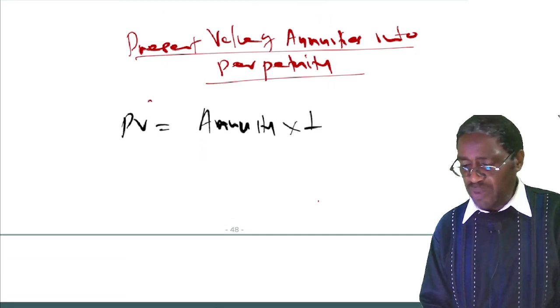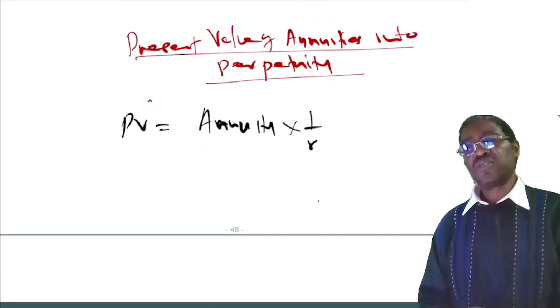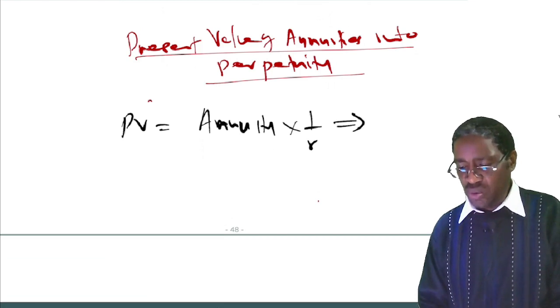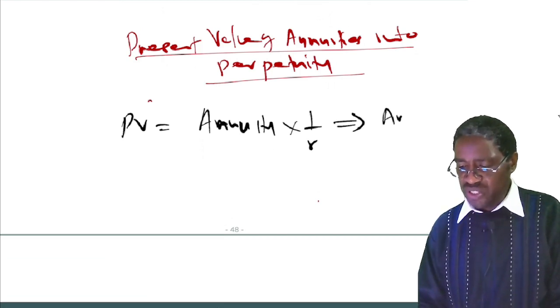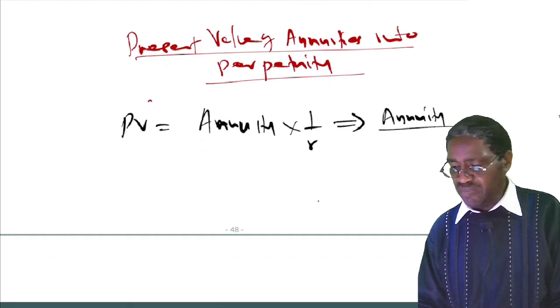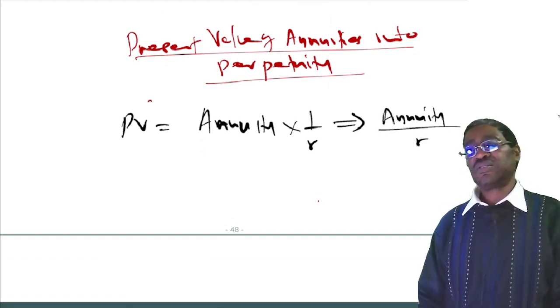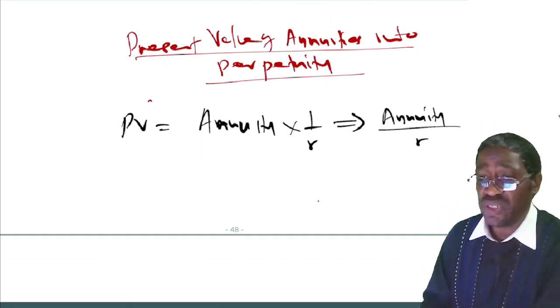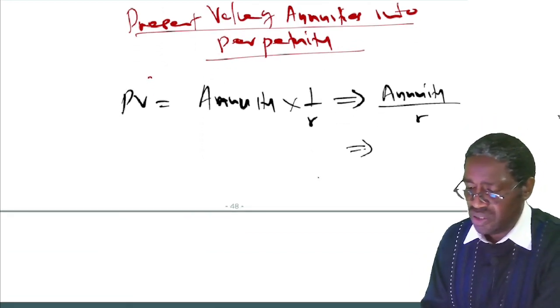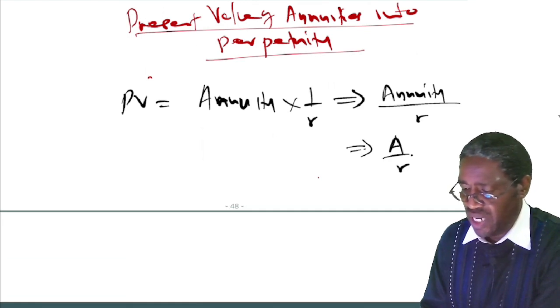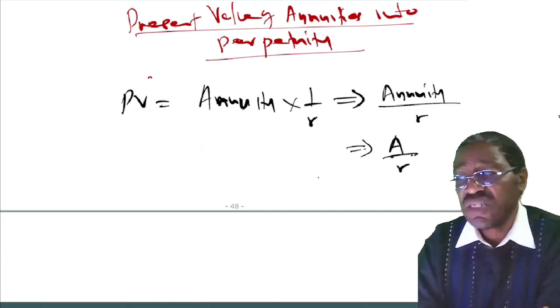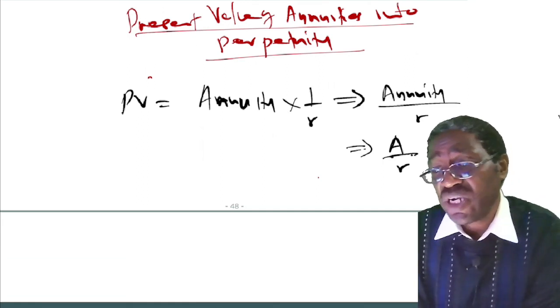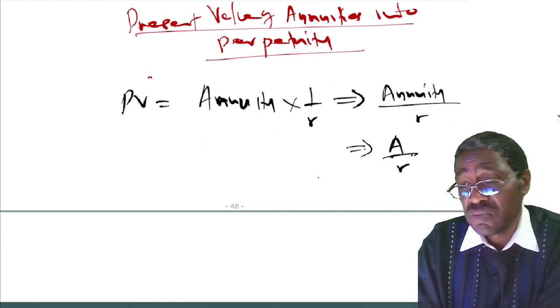I've said you multiply by 1 over R, which equals the annuity divided by R, which in simple terms is A divided by R. We can represent A to be the annuity.